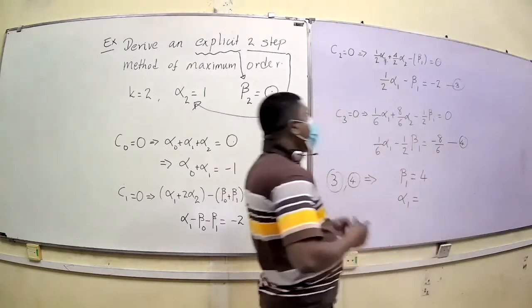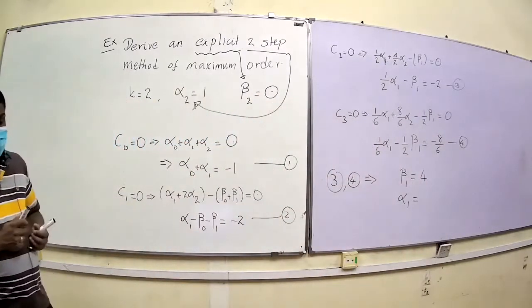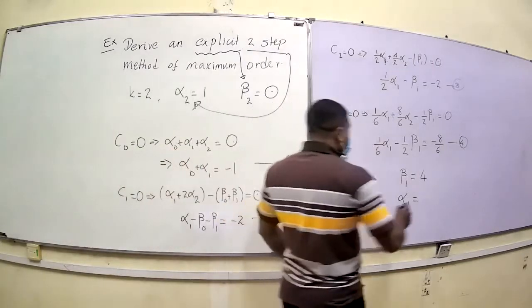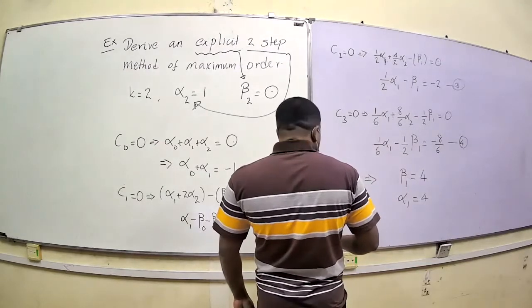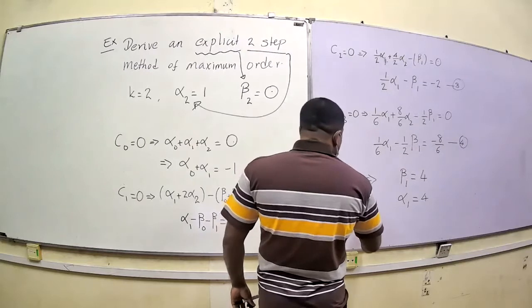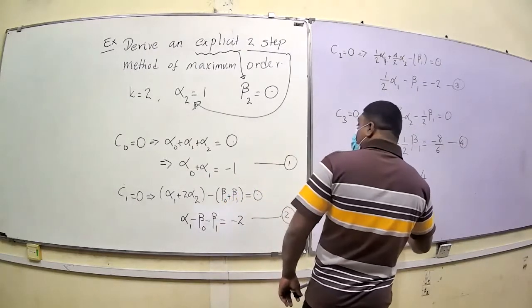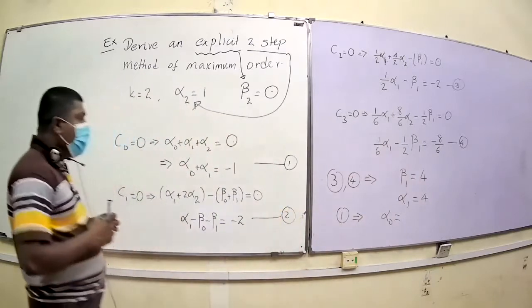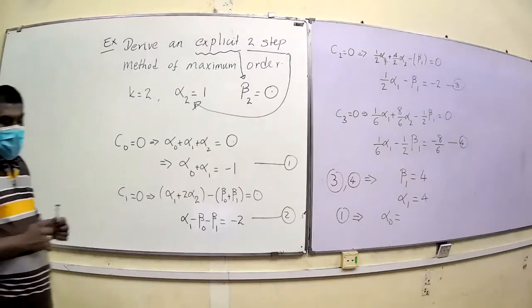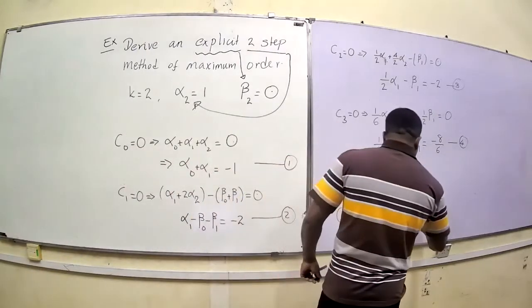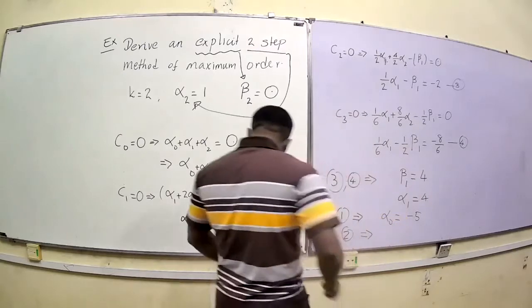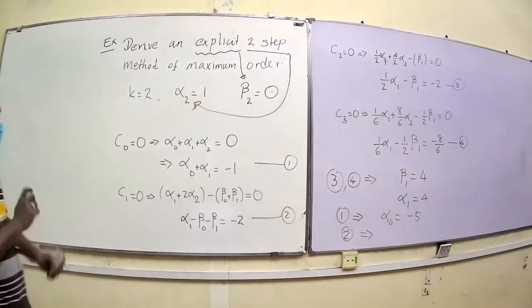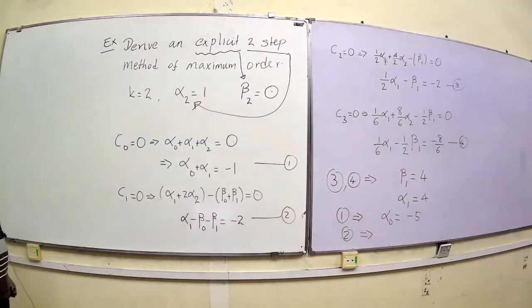So alpha 1 is equal to 4. Then equation 1 gives you alpha 0 is equal to minus 1 minus alpha 1, so that is minus 5. And equation 2 gives you beta 0 is equal to alpha 1 minus beta 1 plus 2, which is 4 minus 4 plus... giving beta 0 is equal to minus 9.